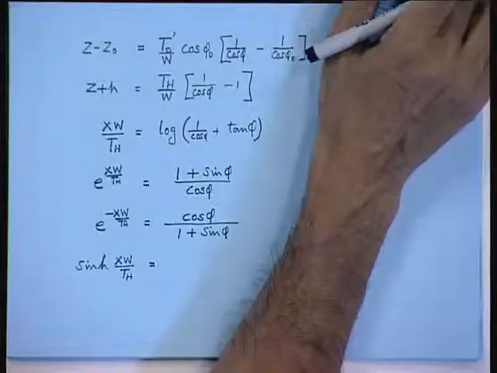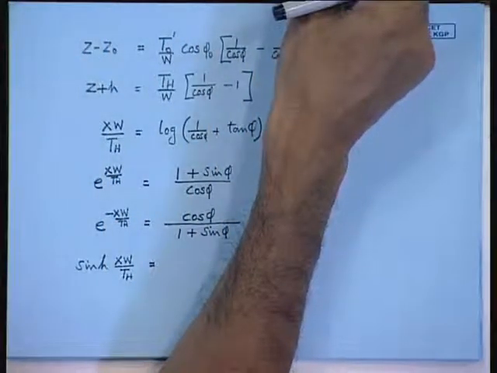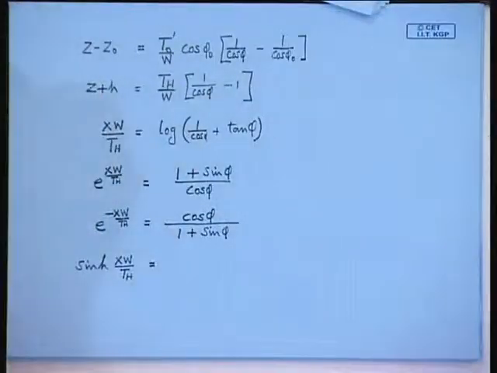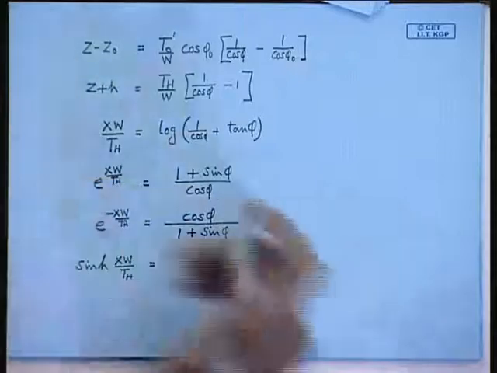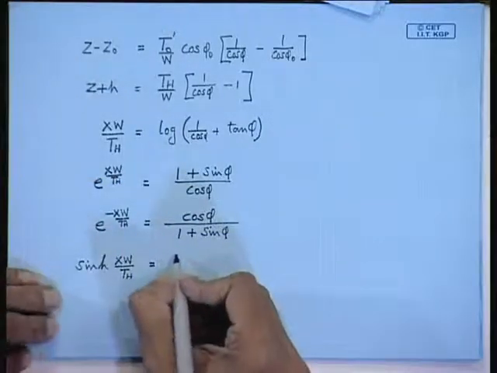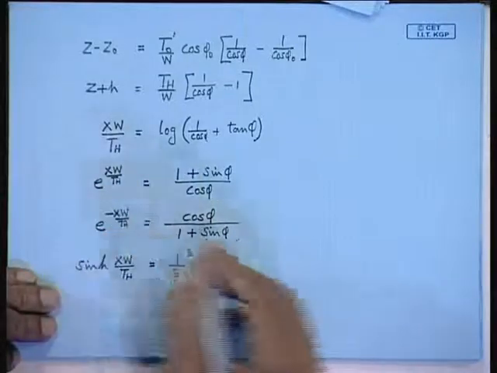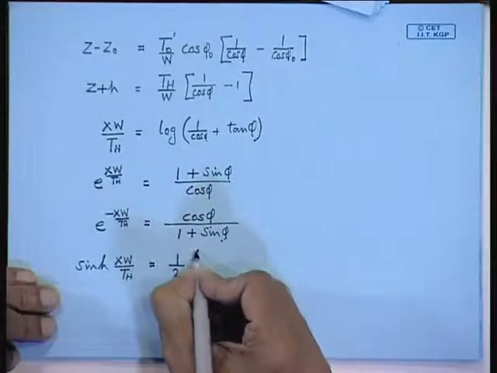You simply write down the expression for sine hyperbolic xw by Th. So, those of you who do not know, you simplify this. So, this is your half, you substitute the values of e raised to the power.